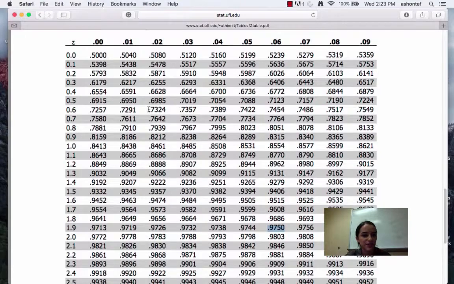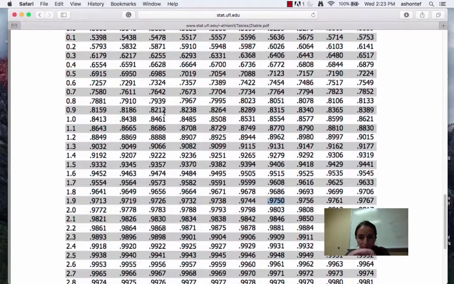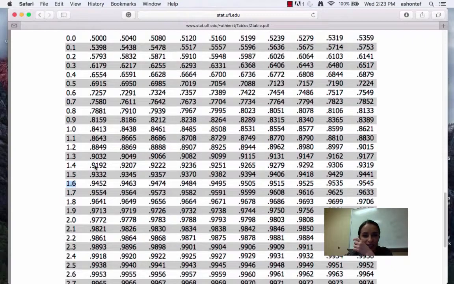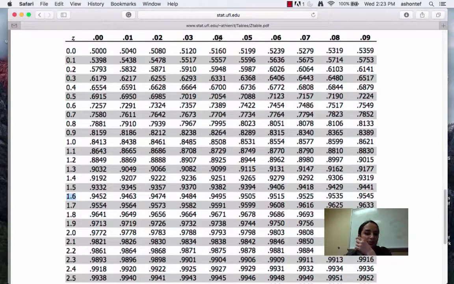But you can do this with any z value. So let's say you were presented with a z value of 1.64, but typically you'll see it as 1.645, which would be 95% of the curve, because if you go to 1.6 and then you go over to this 4 or 0.04 and 0.05, you'd get about 0.95, 95% of the area under the curve.